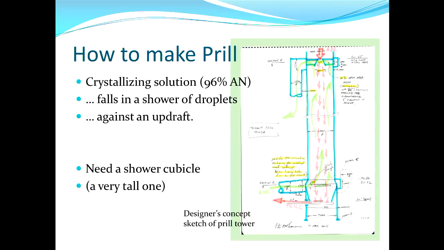Probably lots of you this morning were in shower cubicles under a shower of droplets. In a prill tower, you have an updraft of air to cool the ammonium nitrate solution as it falls, and it also slows the passage of the drops down under gravity. So really what a prill tower is a big, tall shower cubicle.